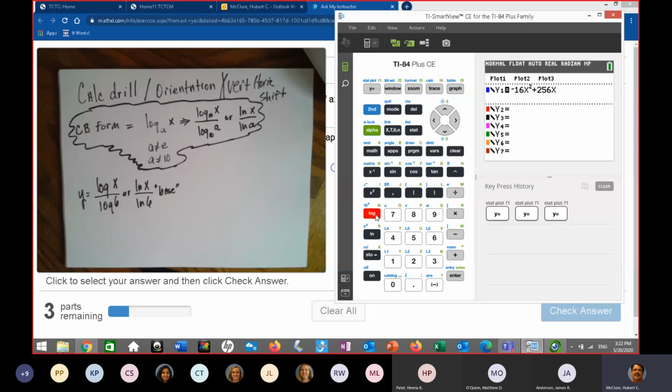Let me clear all this. Okay, I'm going to put mine in parentheses. Log of x divided by log of 6, and graph that.